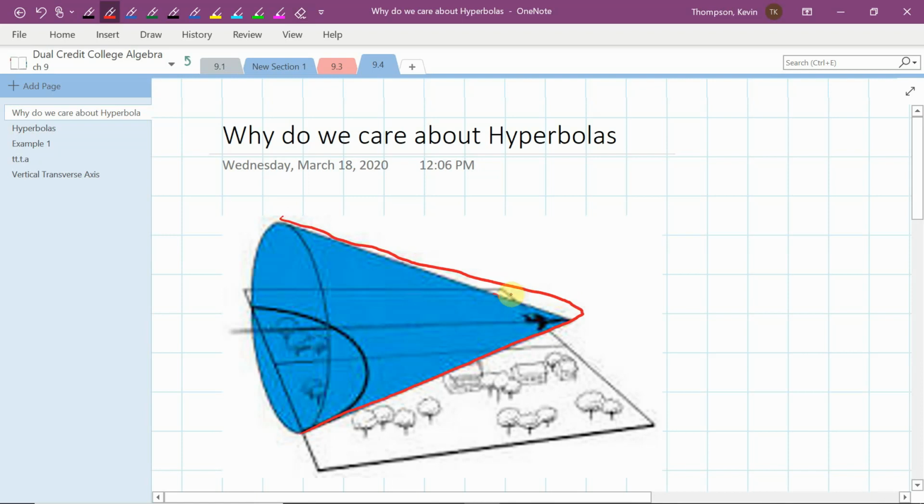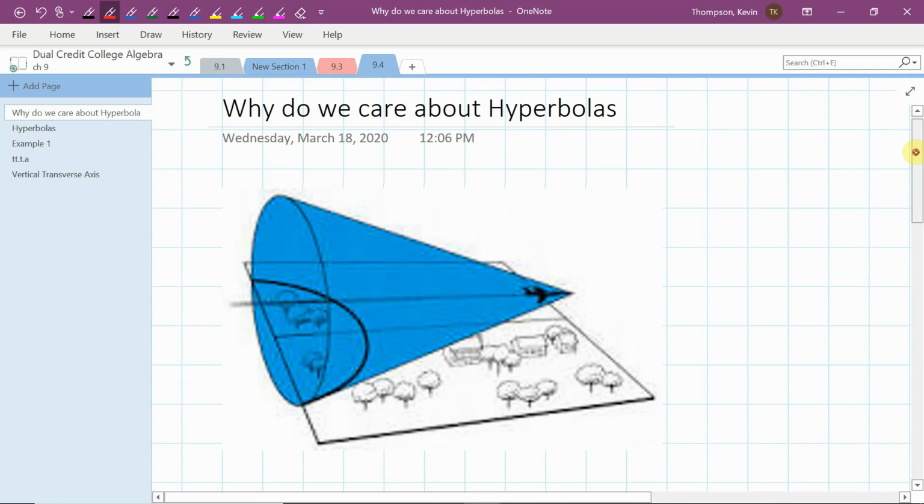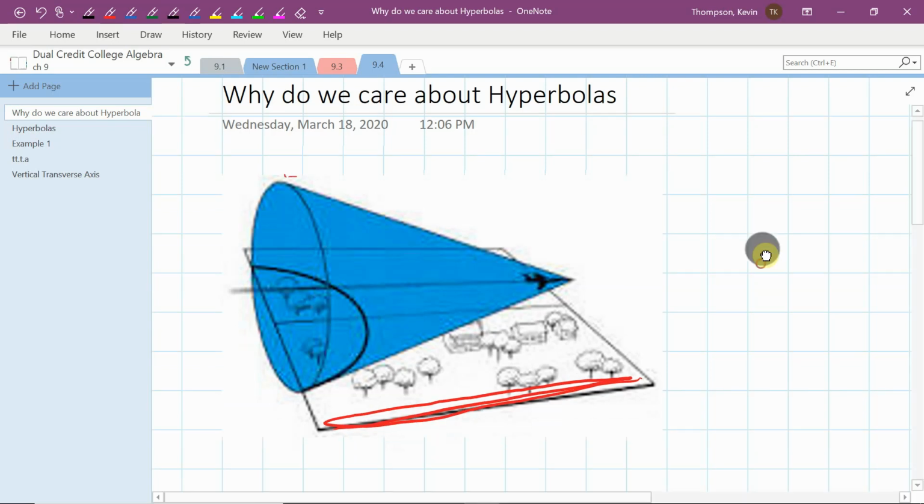You're only going to see a little piece of it, because then the condensation is gone again. But what's going to happen is that you have this cone that's intersecting with a plane, which is the ground, which over short distances is relatively flat. We could think of it as a plane.